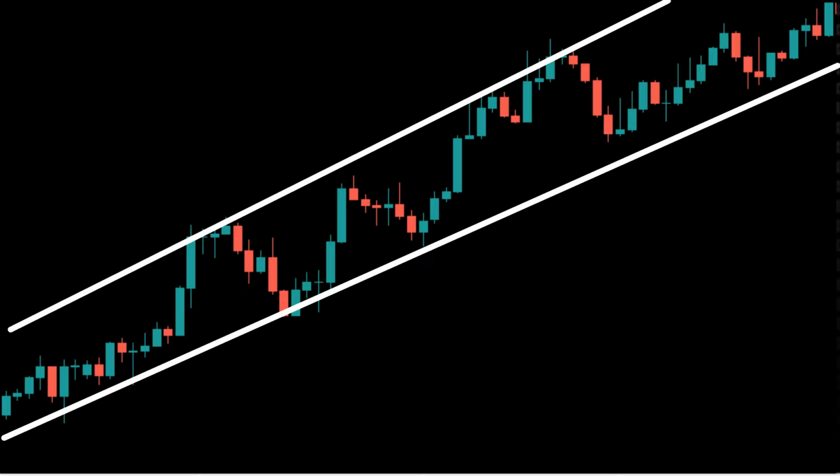Now, in this valid swing low, we had the inside bar candlestick pattern right there, giving us the opportunity to enter this trade at the close of that candlestick to the upside.